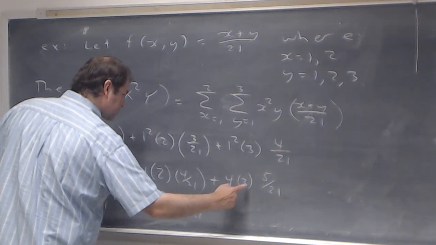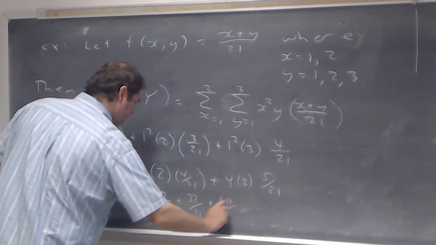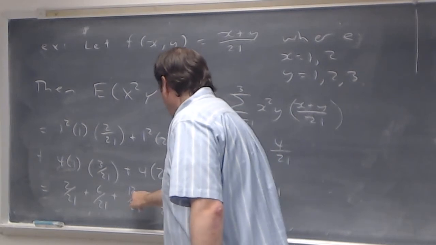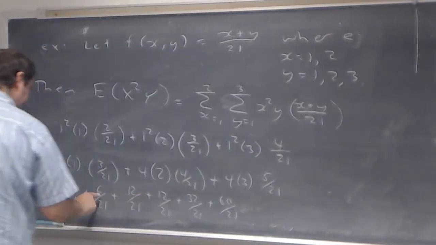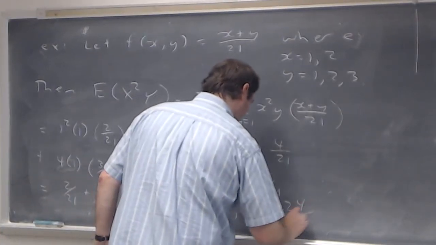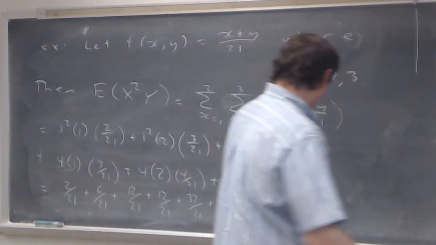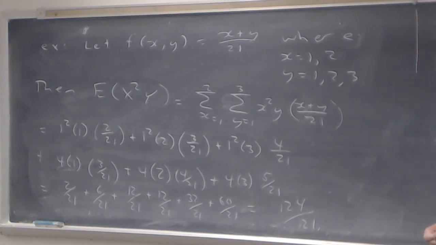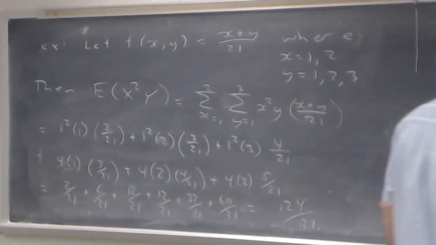And here this is going to be 12, it's going to be 60 over 21. And 60, 92, 94, 104, 106, 116, 122, 124 over 21. That's what we got. And so that's an example in the discrete case.